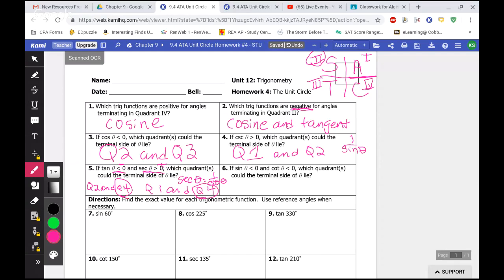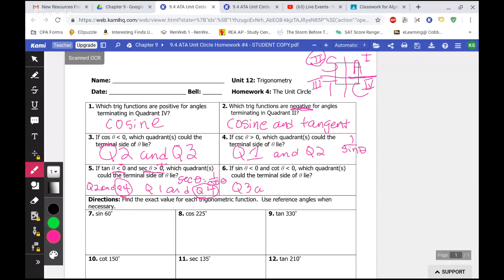All right. Thank you. So if sine, and I did that one yesterday in class, if sine is less than 0, so that means where is sine negative? If sine is positive in quadrant 1 and 2, it's going to be negative in quadrant 3 and 4.